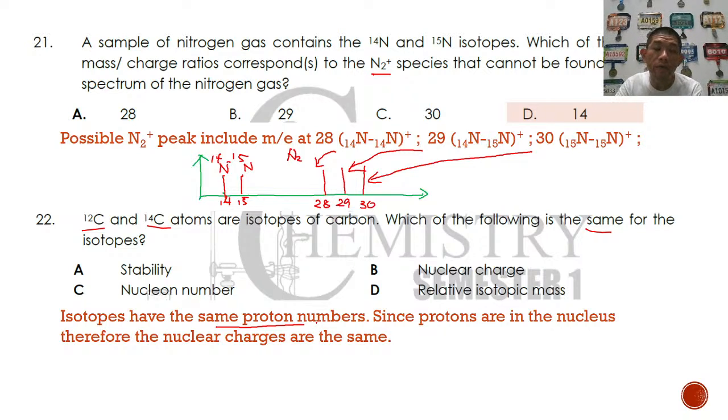Proton number, actually we have another phrase that describes it, which is nuclear charge. Nuclear charge refers to the nucleus having charge. We all know that the nucleus contains protons and neutrons, isn't it? Neutrons have no charge, protons have charge. That is why the term nuclear charge came from. So nuclear charge in here refers to the number of protons. Therefore, the best answer for this question is A.